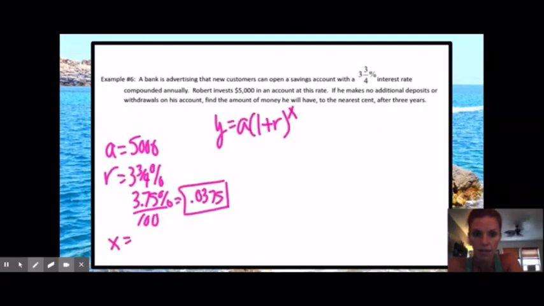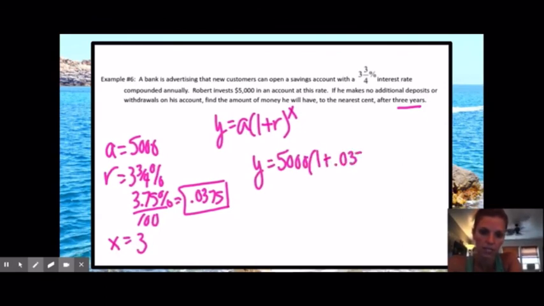X is the time. So it says if he makes no additional deposits or withdrawals, find the amount of money he will have to the nearest cent after 3 years. So X is 3. Y equals 5,000, 1 plus 0.0375, raised to the 3rd.